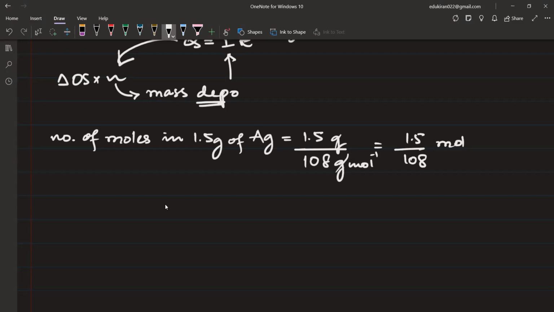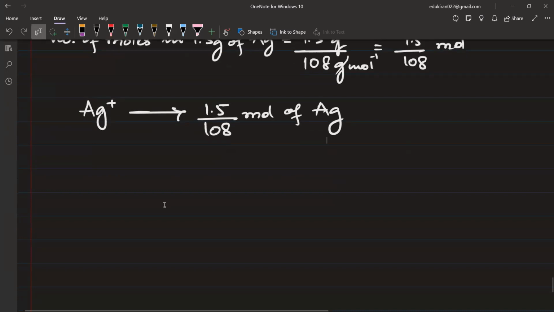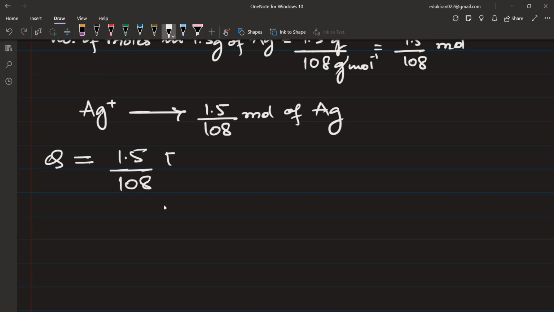Now the reaction will be Ag plus plus electrons forming 1.5 upon 108 moles of Ag, right? Since it requires only one electron for one Ag, it will require the same amount of electrons. That means I can write Q is equal to 1.5 upon 108 Faraday.